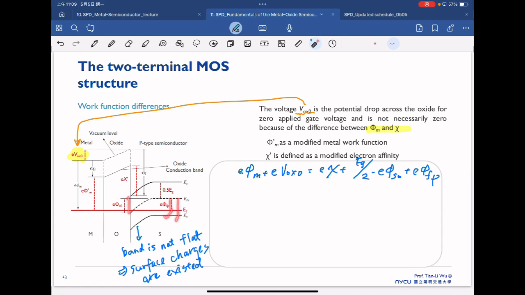Anyhow, this one will be equal to this plus this minus this and plus this. And then we now try to subtract the electron affinity.